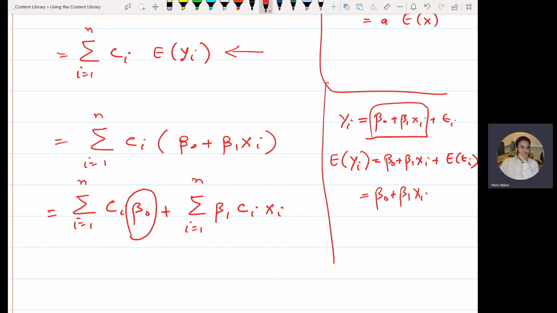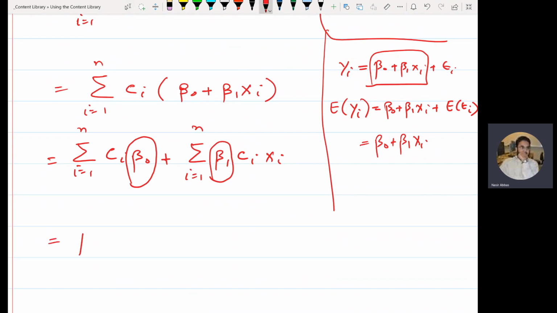Is there an i in the subscript of this one? The summation will not apply. Is there an i in the subscript of this one? The summation will not apply. They will go out of the summation. Beta naught times the summation of Ci, beta 1 times the summation of Ci xi.